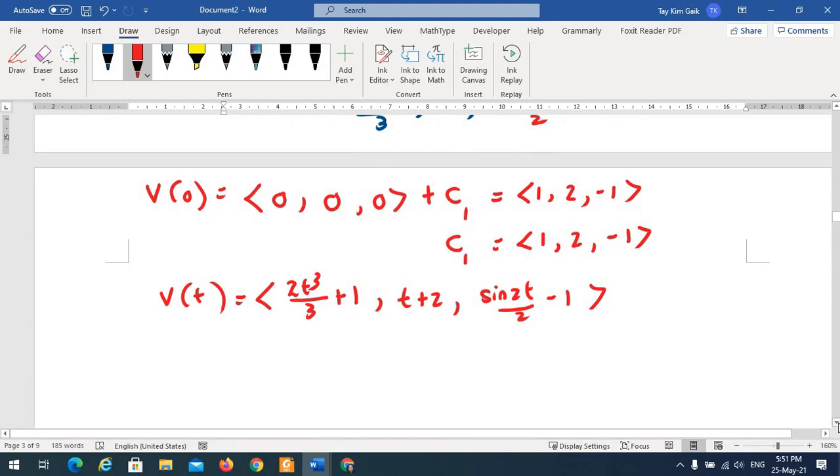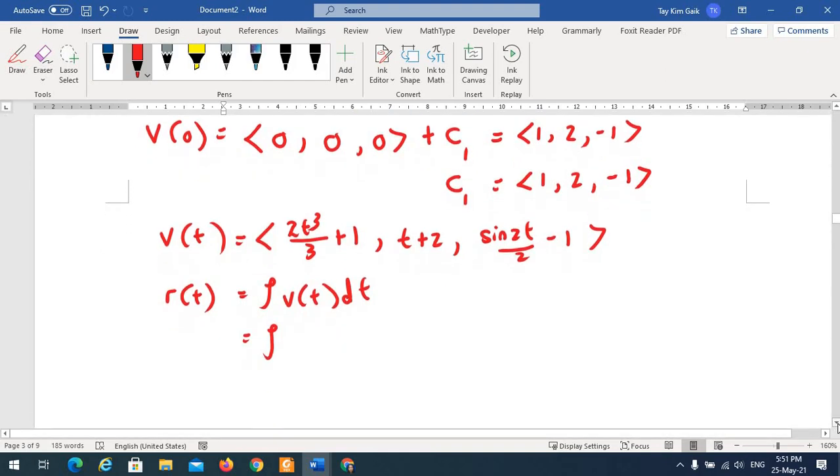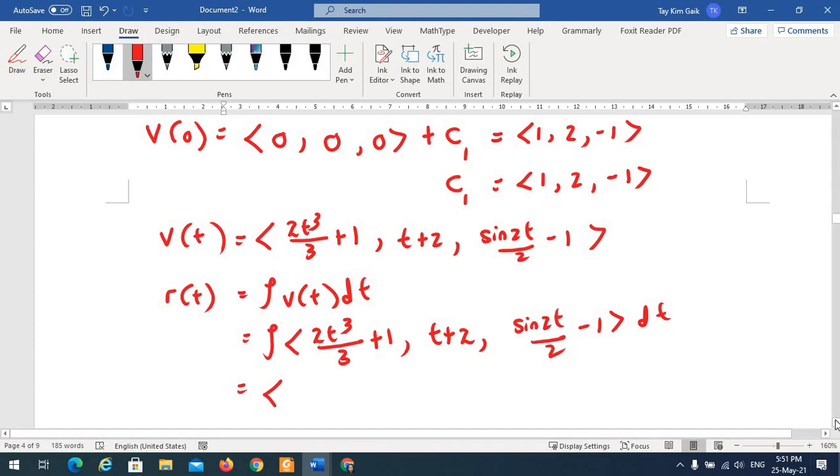Okay, we want to get the position vector r(t). So r(t) is the integral of v(t) dt. We integrate this vector with respect to t: component i is 2t cubed over 3 plus 1, component j is t plus 2, component k is sin 2t over 2 minus 1, dt. Integration of a vector still gives a vector, and the integral constant is a vector.